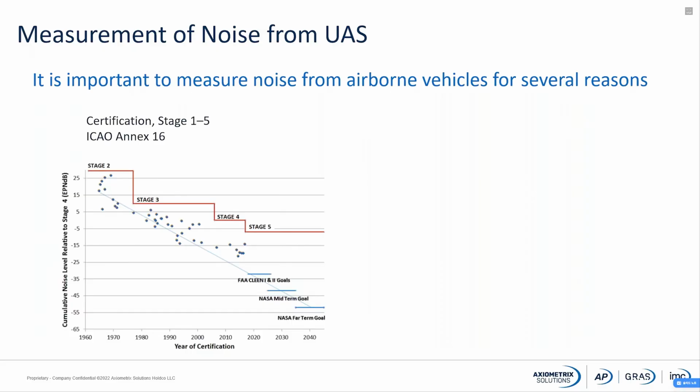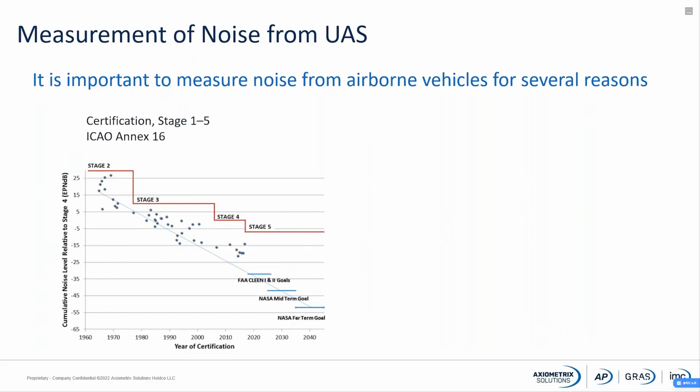We started out in the 60s with stage 2 aircraft, where you had the Boeing 707, for example, and then it has continued to tighten up the noise legislation for different types of aircraft. Today we are talking about stage 4 or stage 5 aircraft, and they are less noisy than we had back in the 1960s.